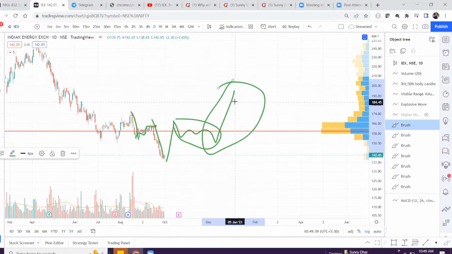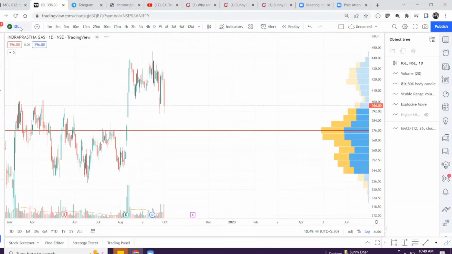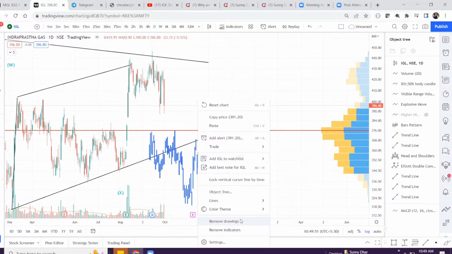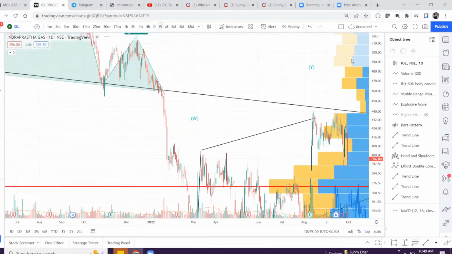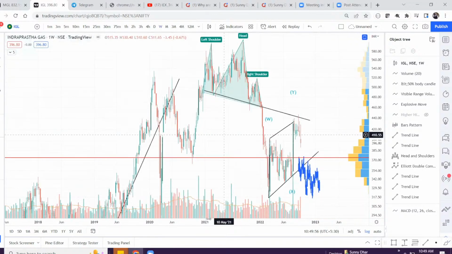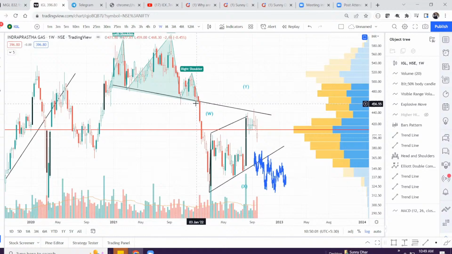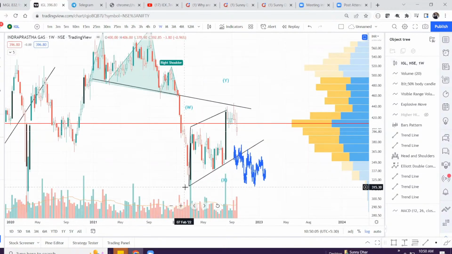Now let us see another gas stock, IGL, which was also predicted at 476 levels. You can see at this moment, below this there was a head and shoulders pattern, and it fell to 315 levels from that.